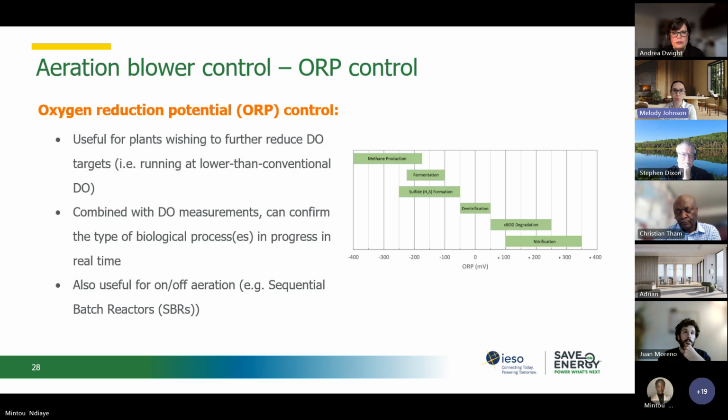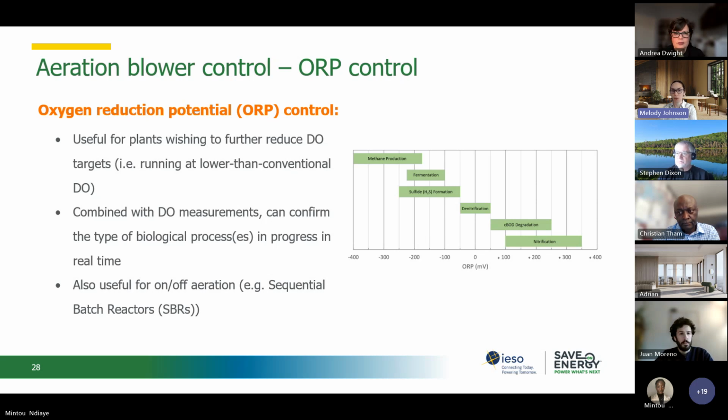So for most bioreactors, ORP is going to be plus 100 millivolts to say 250. That's the range where you would get BOD degradation as well as nitrification.